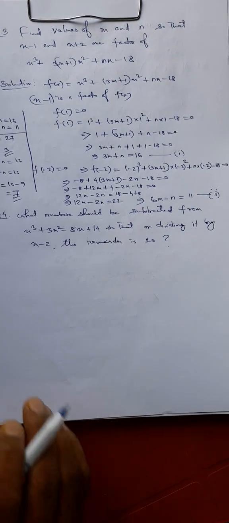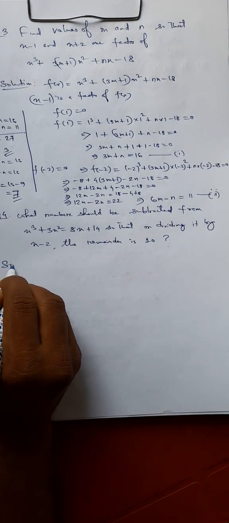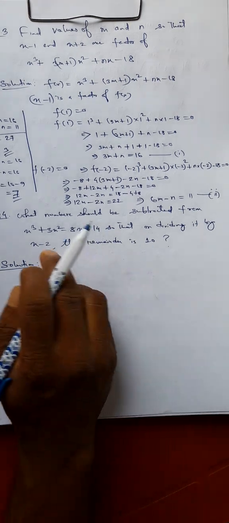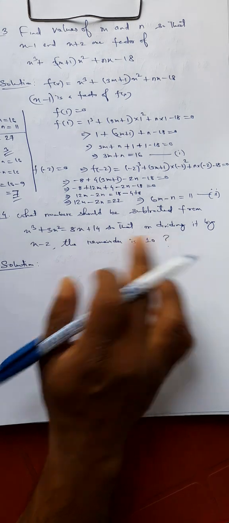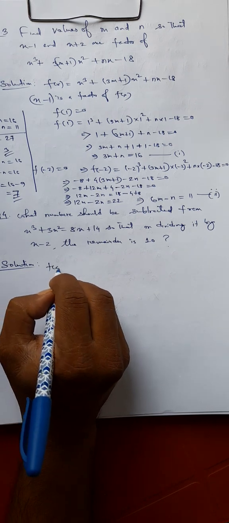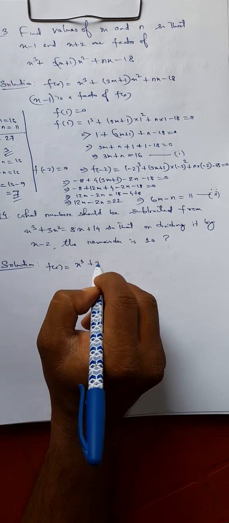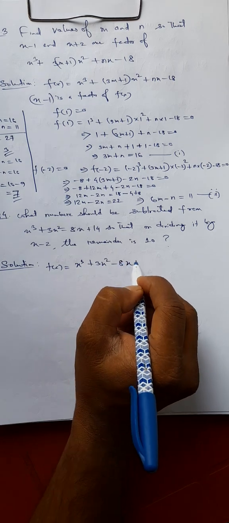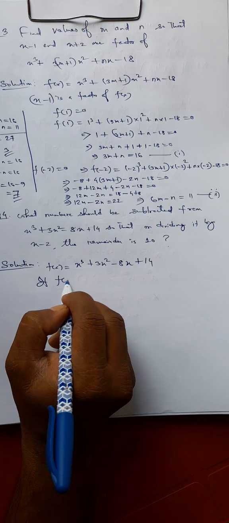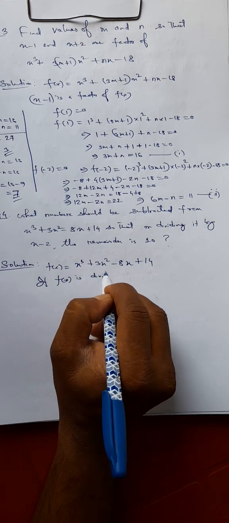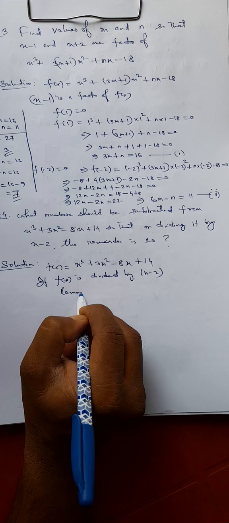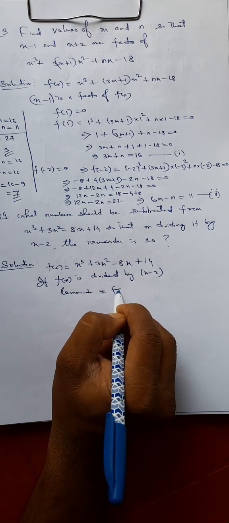Right. Now let's solve this problem. What number should be subtracted from this polynomial so that dividing it by x minus 2, the remainder is 10. Here f of x equal to x cube plus 3x square minus 8x plus 14. If f of x is divided by x minus 2, remainder equal to f of 2.